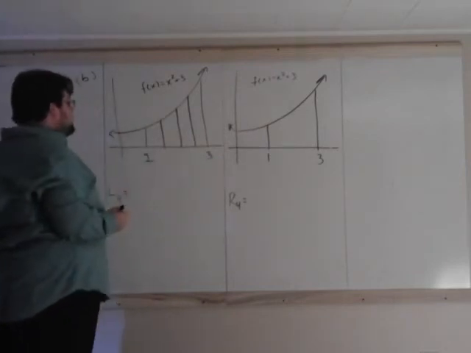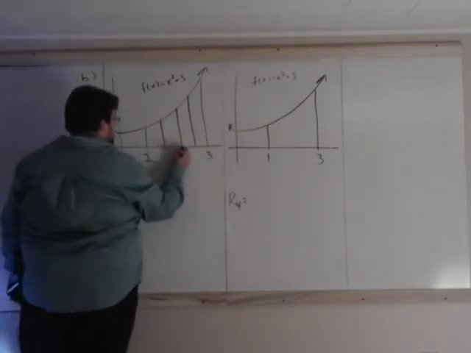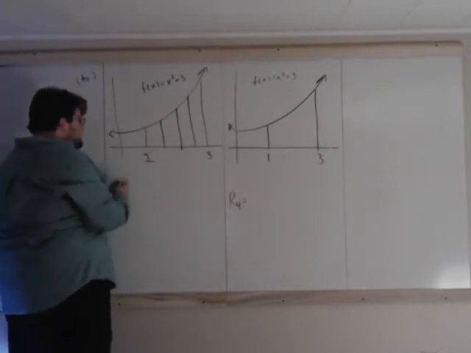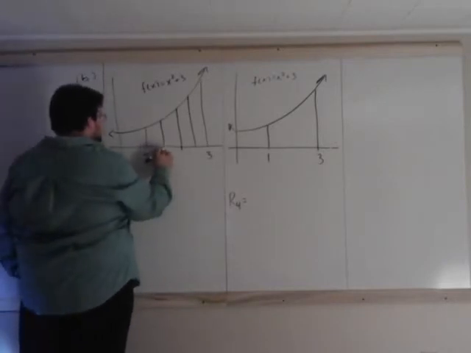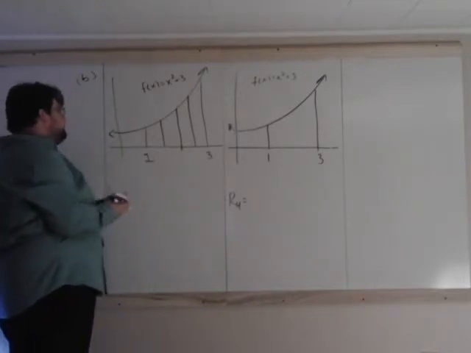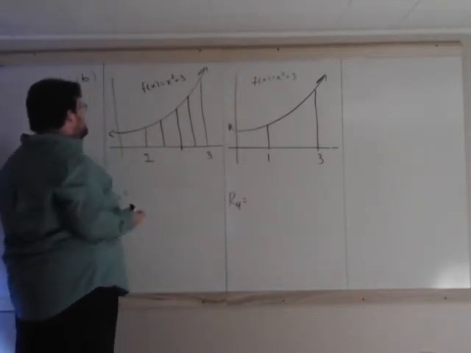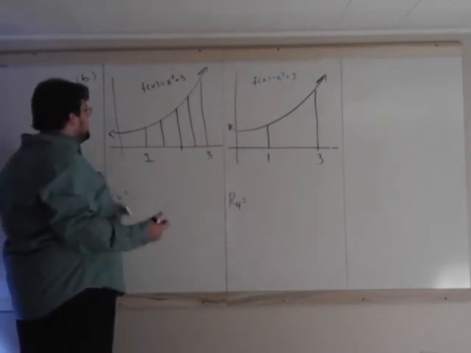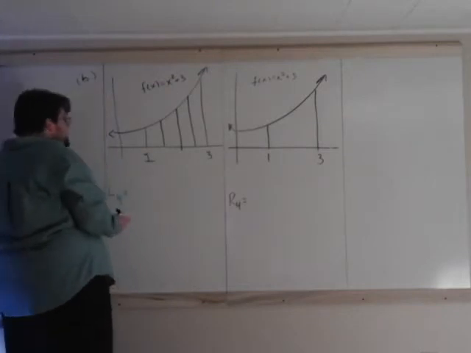Well, there are 4 pieces. Now what we need are these x values on the x-axis. I find in these that the hardest part is actually finding the x-axis values, because once you have the x-axis values, all you need to do are a bunch of length times widths. Now how do we find the x-axis values?